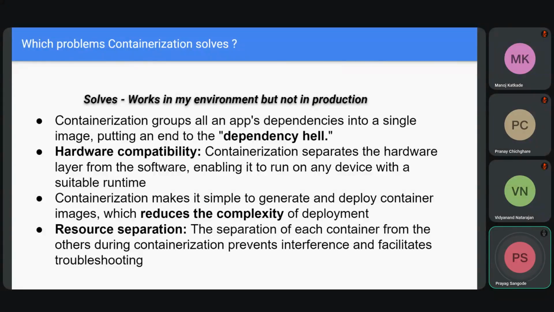So the developer created a document with the prerequisites: it should have JDK or Java version 1.7, this operating system, and these dependencies should be installed before deploying the application into production on the server.